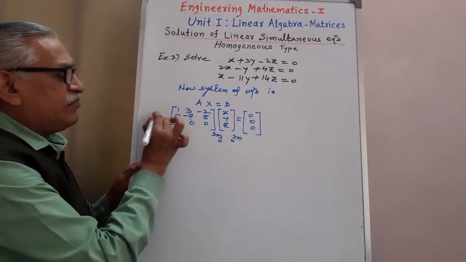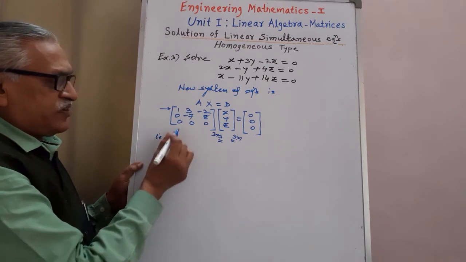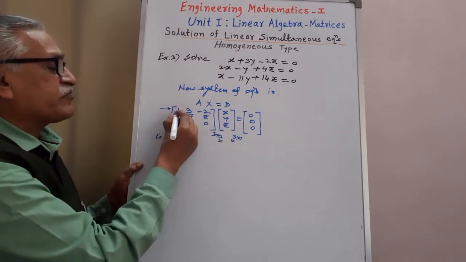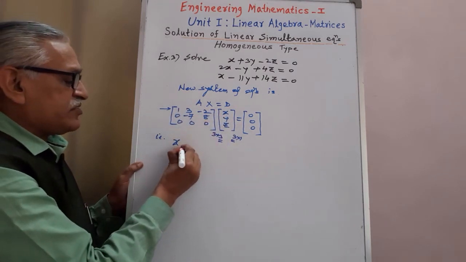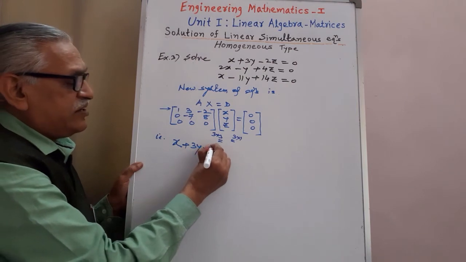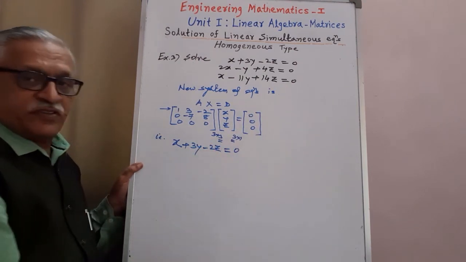Multiplying a row by that column, we get the first equation: first to first, second to second, third to third, and addition of all this. We get 1 into x, that is x, plus 3y minus 2z equals 0, first equation.